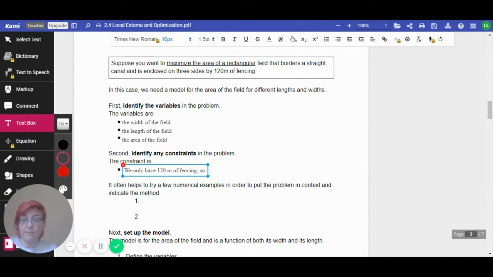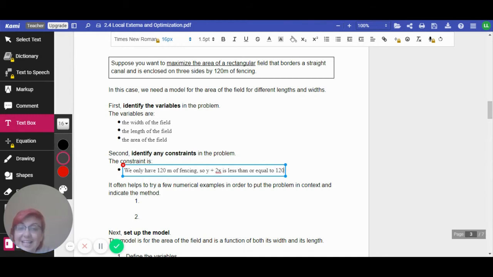So if we think about it in a way that your width is your X and your length is your Y, then if the canal borders the length, we would have 1 Y plus 2 X's, or the 2 widths, and that would have to be less than or equal to 120.